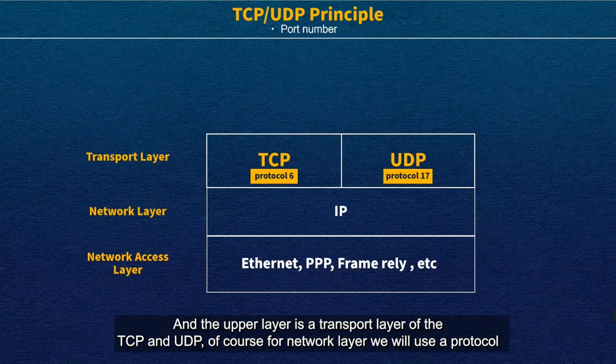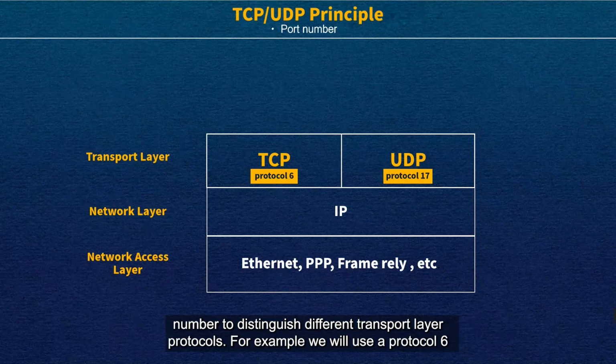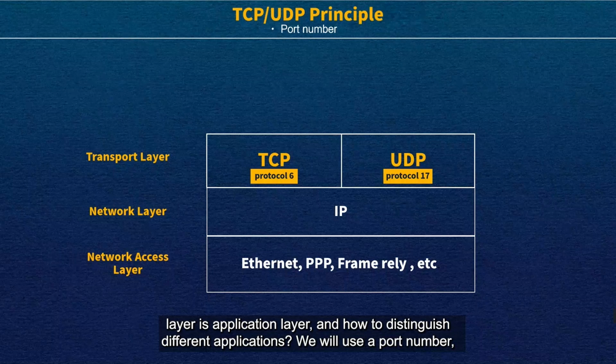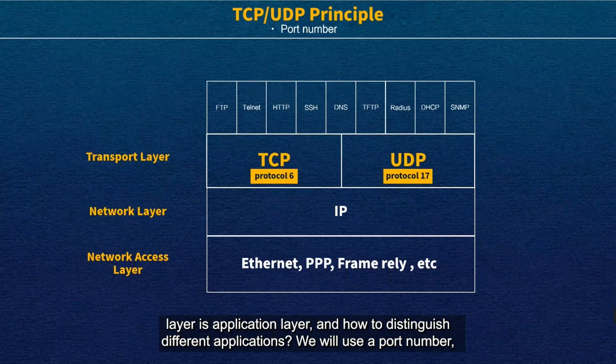Of course, in IP, we use the protocol number to distinguish different transport layer protocols. For example, protocol 6 indicates TCP, and protocol 17 indicates UDP. In the upper layer of the transport layer is the application layer. And how do we distinguish different applications? We use a port number.